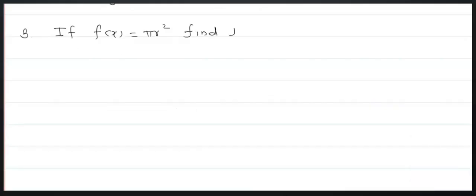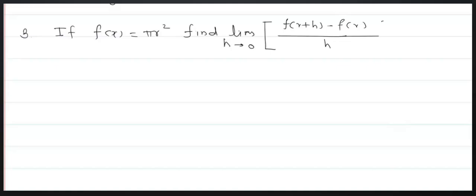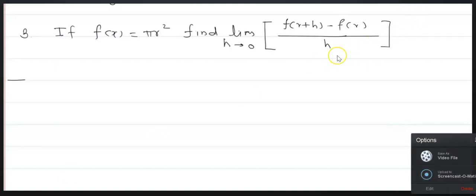Now the next is problem number 3. If f of x is equal to pi r square, find limit h tends to 0 of f of r plus h minus f of r upon h. This is also the first principle definition. It's a simple one.